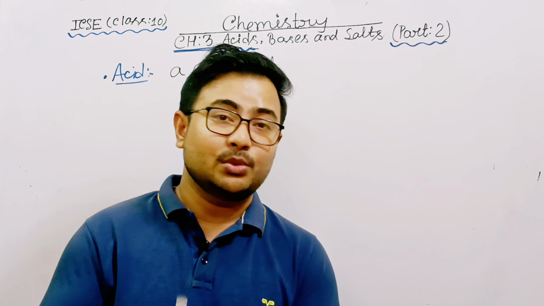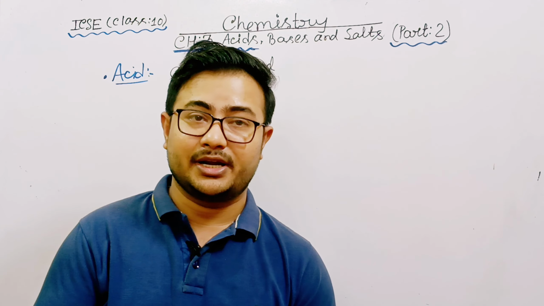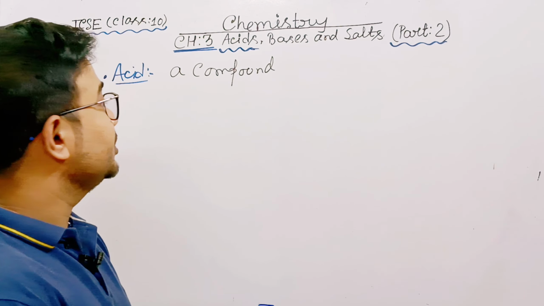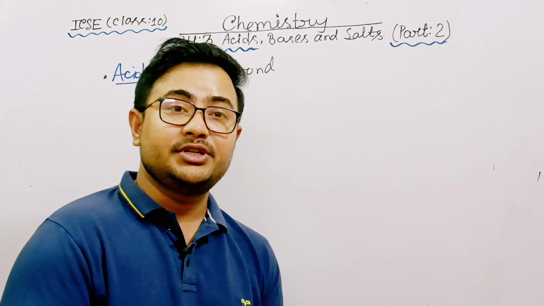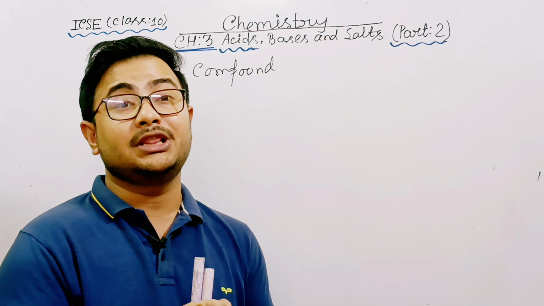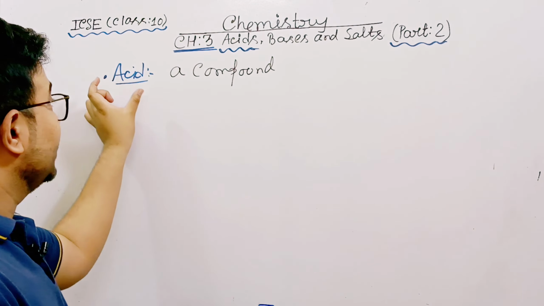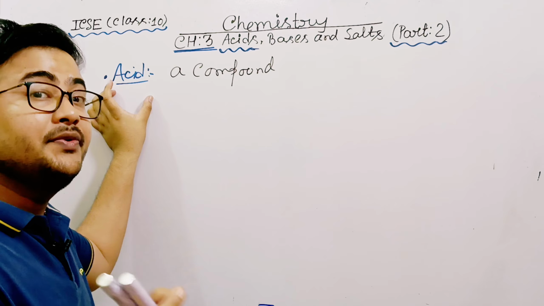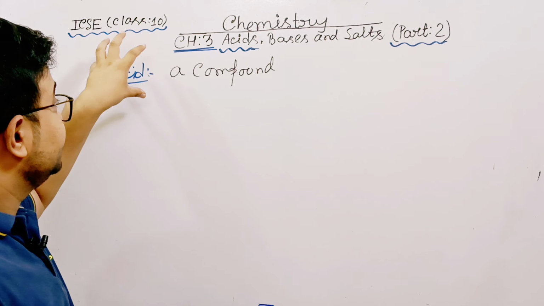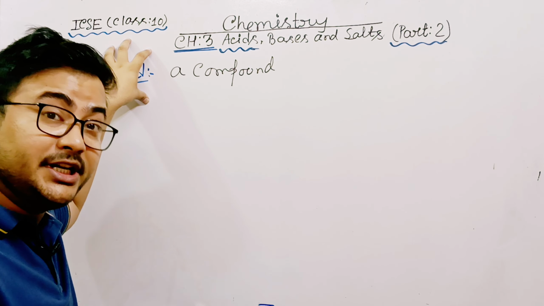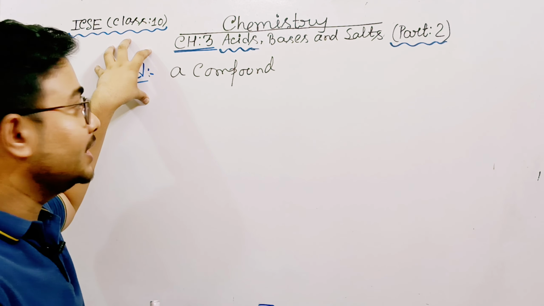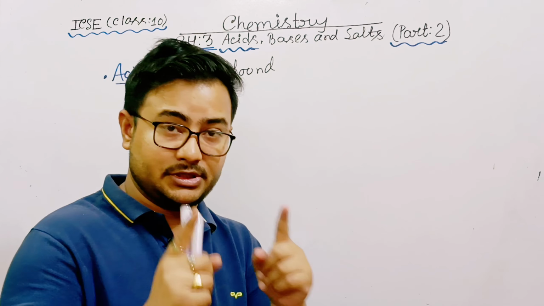Why? The keywords, examples, everything are required, because it is not a simple paper, it is the board paper. You need to cover all the points. If the question comes, define acids, you need to cover all the key terms along with the example. So give focus.